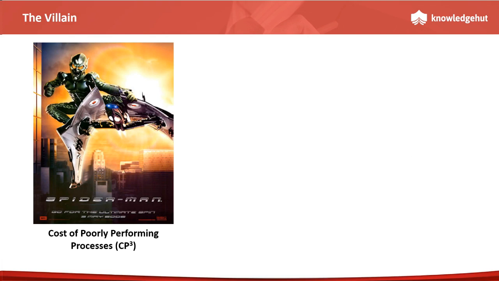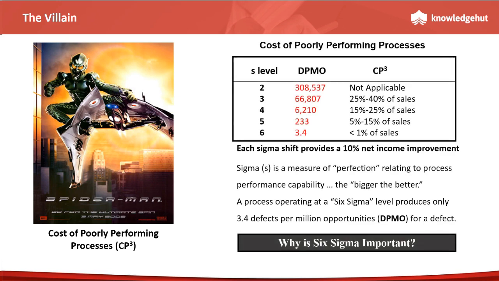Let's look at what you can lose by not implementing Six Sigma. If you baseline your process and it comes out at 3 Sigma, that doesn't sound too bad considering Six Sigma is the industry standard. But look at this. Because of bad word of mouth or your not-so-great quality, you can have 66,807 defects per million opportunities.